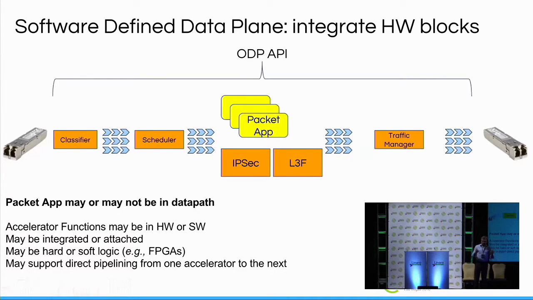That's what ODP controls. If there is hardware that does not have, let's say, IPsec hardware or layer 3 forwarding hardware, then the ODP API is such that those functions can be done in software, but that would be transparent to the application.